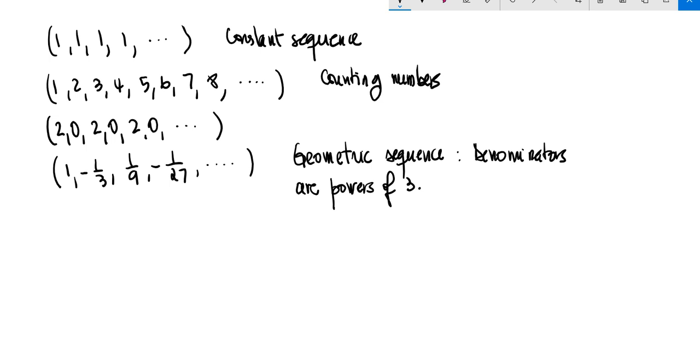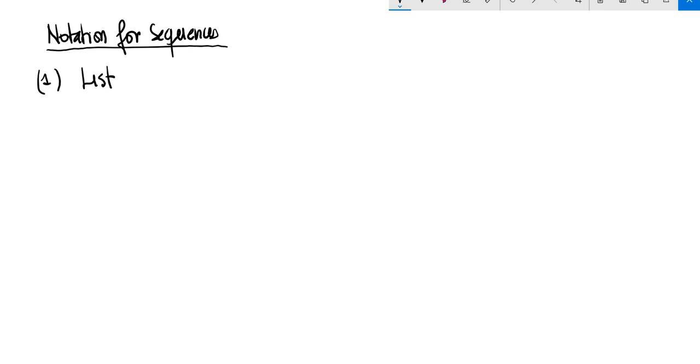Now let's quickly review our notation for sequences. First, we can have what we call list notation.